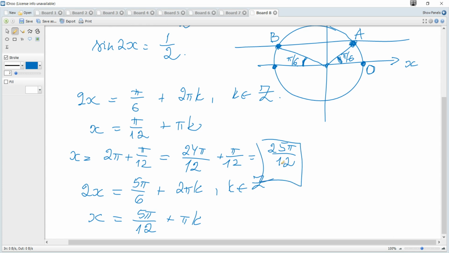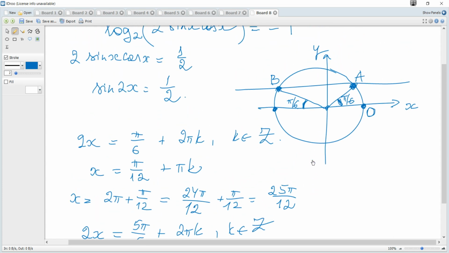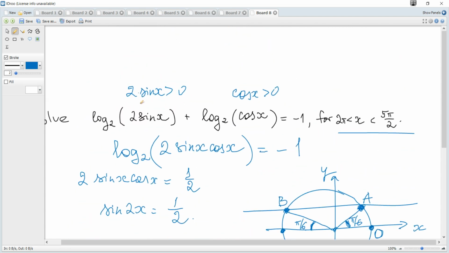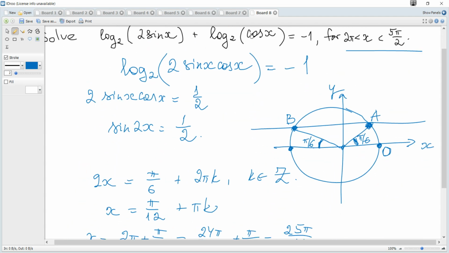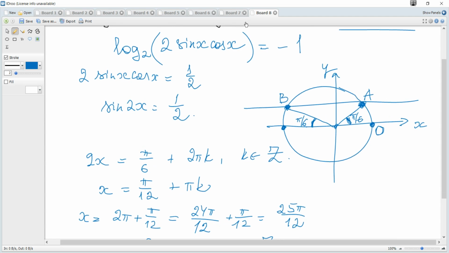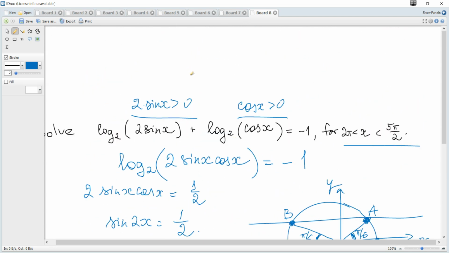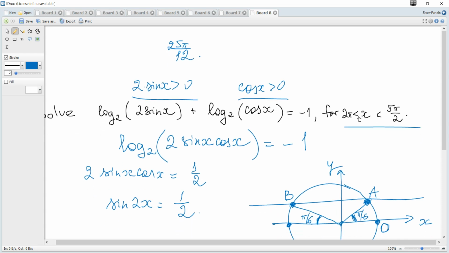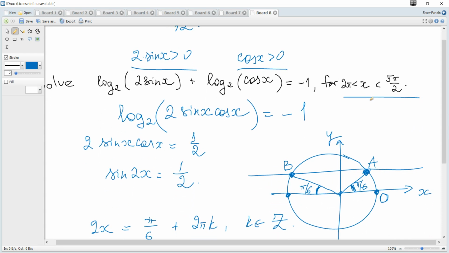It's a possible solution, but you remember that log has a domain, and if we consider 25 pi over 12, it's actually in between 2 pi and 2.5 pi. 2 pi is the same as 0, and it's the first quadrant.